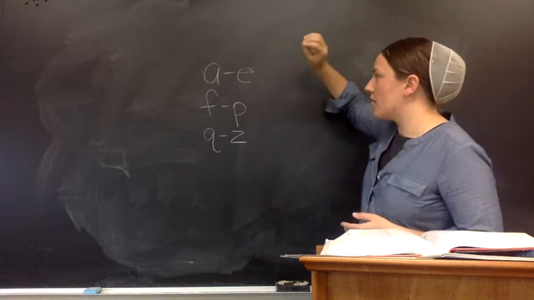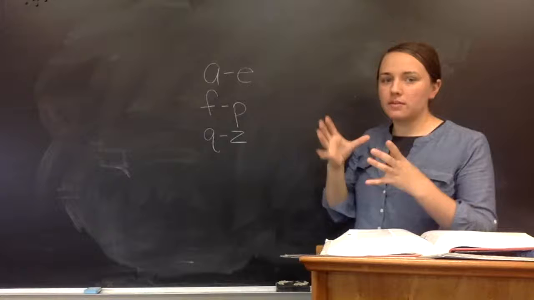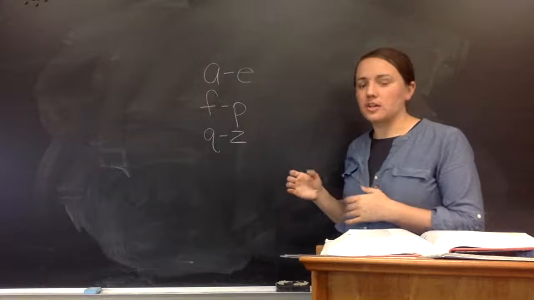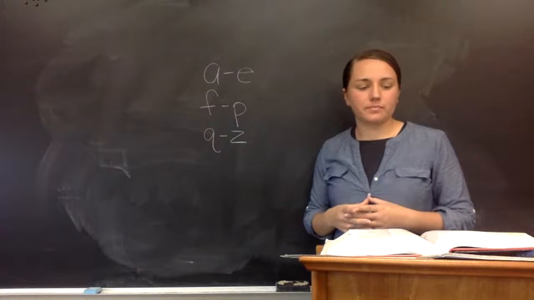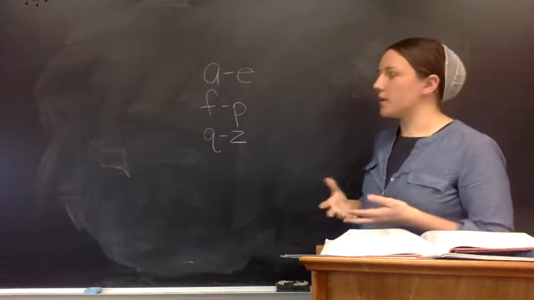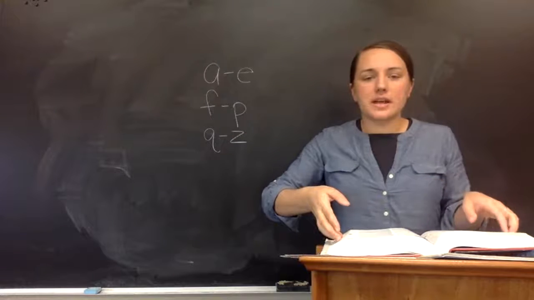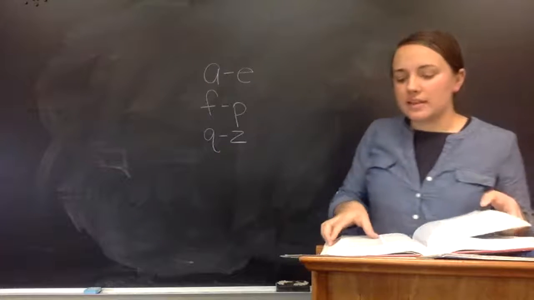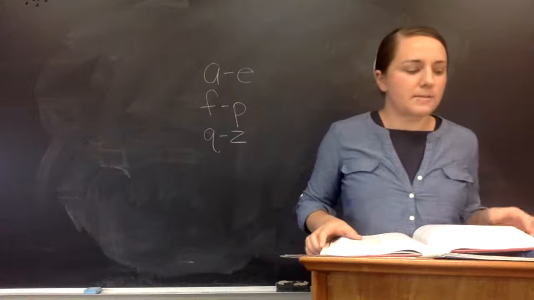You would have words starting with A through E as the first section, F through P as the second section, and Q to Z as the last section. So if you're looking for a word in the dictionary and it would be between F and P, then look at the middle section of the dictionary. If it would be between Q and Z, then grab the last section and look in there. So keep that in mind.